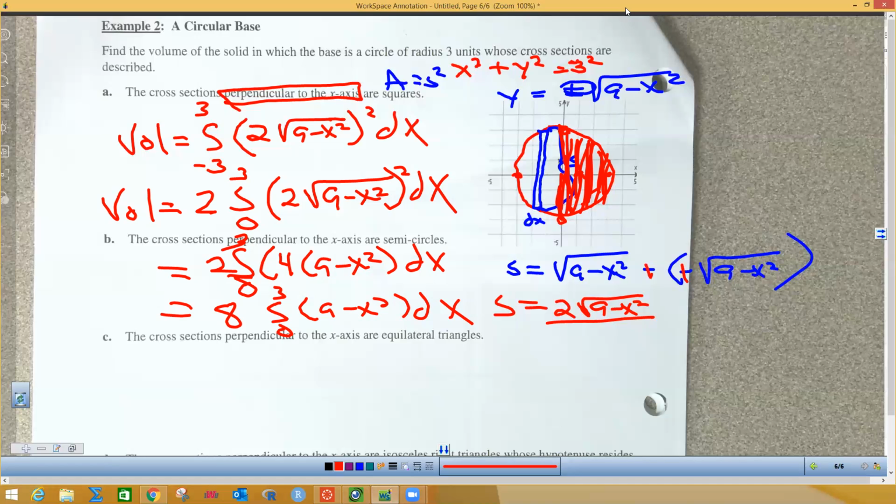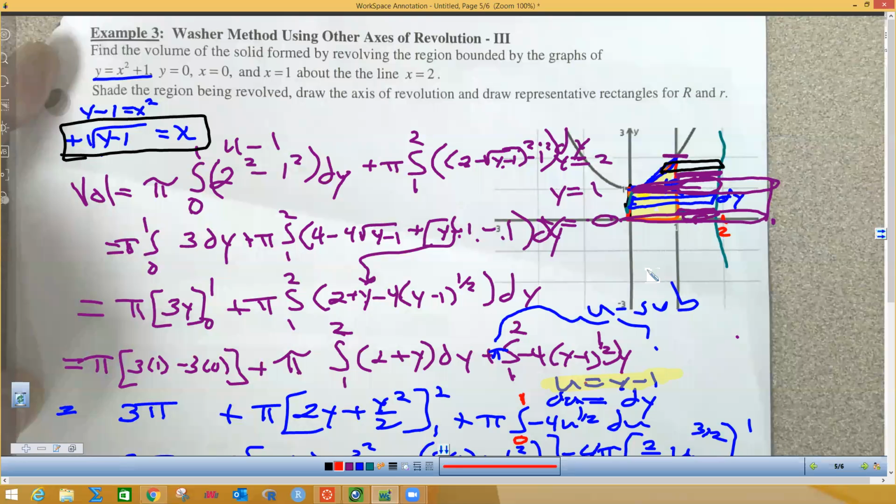Okay. Well, let's go to that problem I just did a second ago, right? What method was this? The washer method. This is washer because there's a hole in the middle, right? Now, if there wouldn't have been a hole here, if they'd have said rotated about the line x equals 1 instead of 2, and I did it all around, this was the line I was rotating around, would there be any gaps?